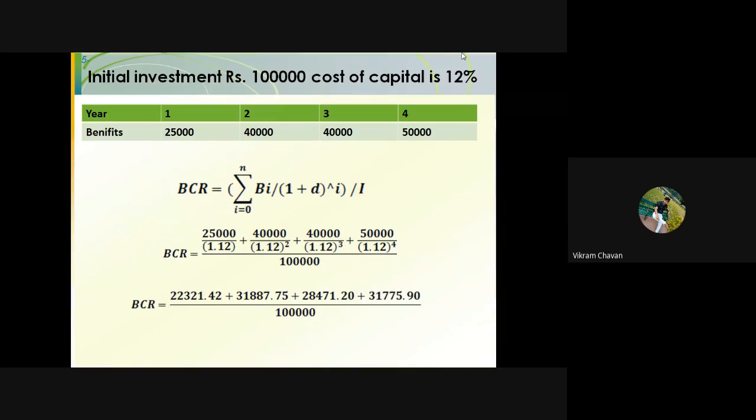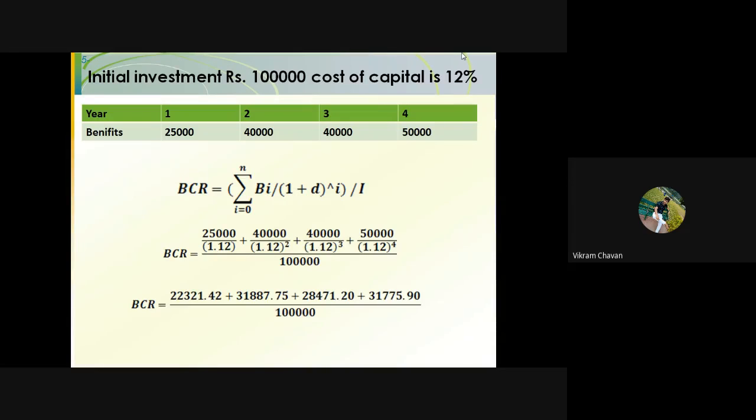Then in tabular format, the years and benefits acquired over the life of that particular project are provided. So first year the benefits received by the company are 25,000. Then for the second year, 40,000.